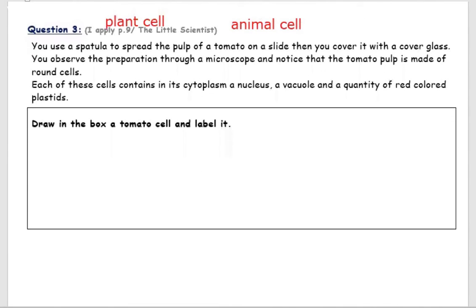Question number 3, this is the last question in this worksheet. You use a spatula to spread the pulp of a tomato on a slide, then you cover it with a cover glass. You observe what you have through a microscope. So you want to see the cells of a tomato pulp. It's a plant cell.